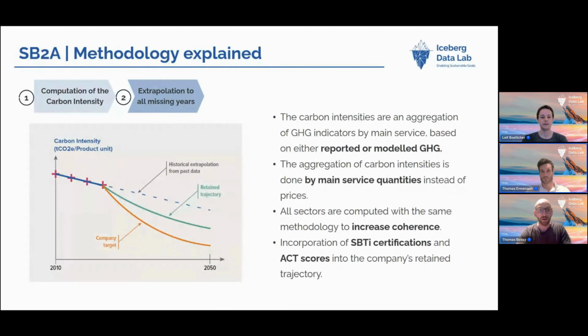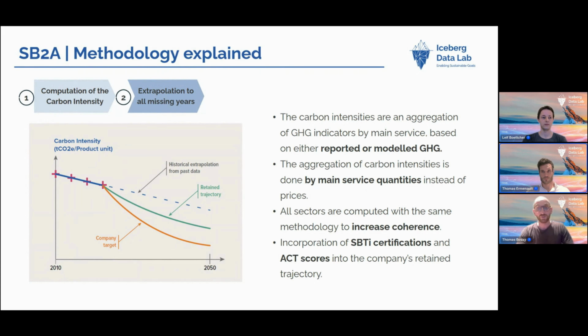So the first step is to compute the carbon intensity. This is the left-hand side of this graph, where you have all the historical years, the pink crosses, and a trend that we can extrapolate into the future. This is the gray dashed line, which gives a first estimation of how we can forecast future GHG intensity of a given company.